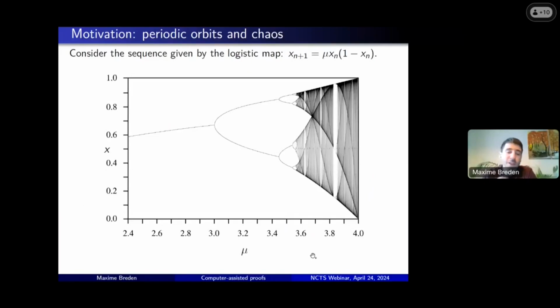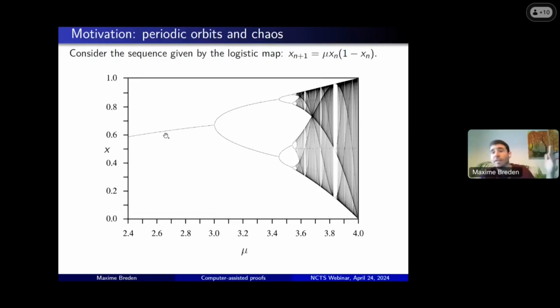And this is typically how one summarizes all this kind of simulation I showed you. So on this graph, on the x-axis, you have the value of the parameter mu. And on the y-axis, every time you see a gray dot here, it's because there is an accumulation point of the sequence. So on the left, for mu less than 3, we have only one accumulation point.